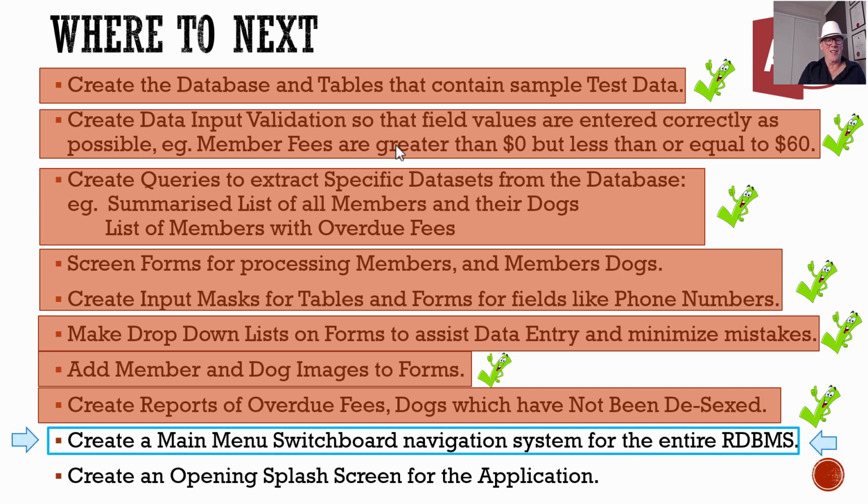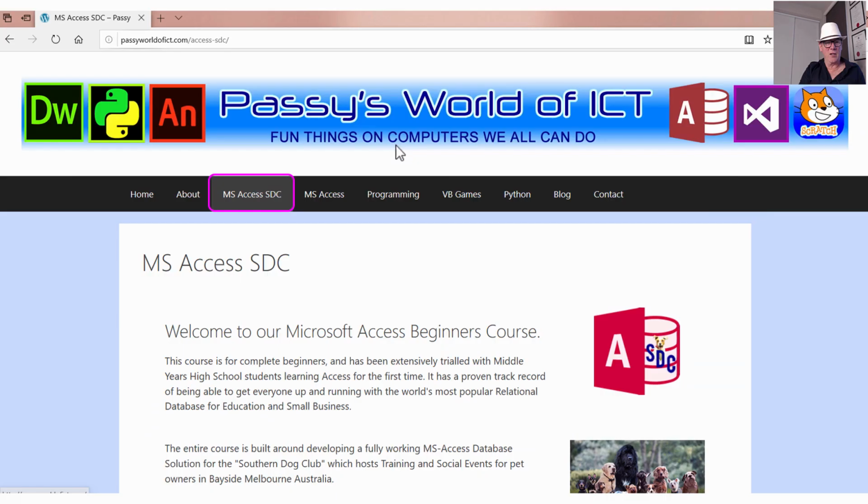This is great. Next lesson we'll be creating the main menu switchboard, so you can click on there and go to all these different things and run a query or look at a form or produce a report. So we'll get all that happening, a main menu that takes you off to everywhere to do all your jobs. And then the last thing will be creating that opening splash screen.